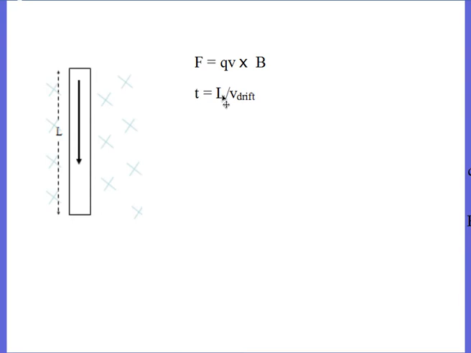Now what I want to do is take the fact that the current flowing in this wire is related to the charge that is going to pass the end of the wire in this time t is going to be equal to the current times the time.